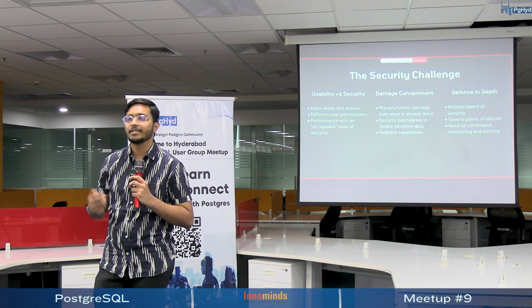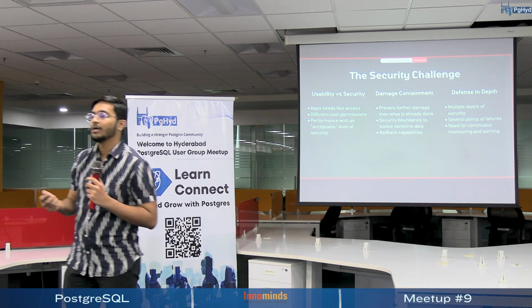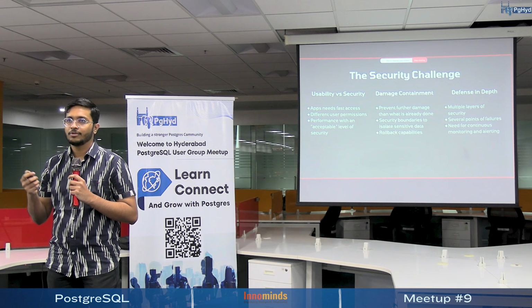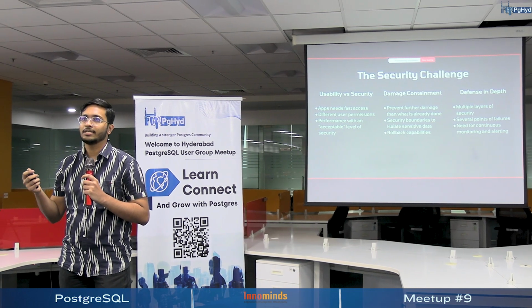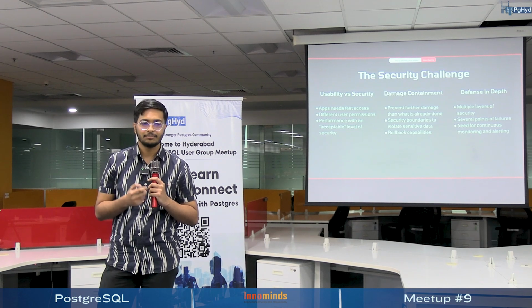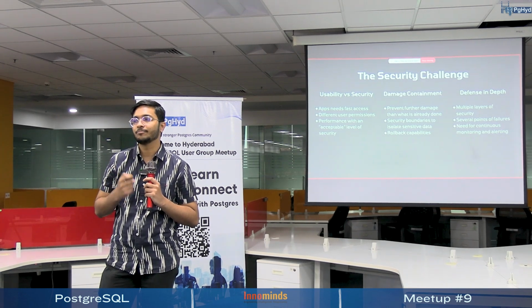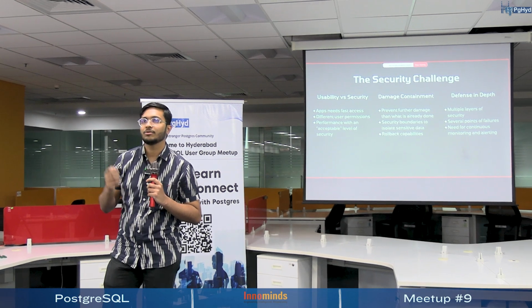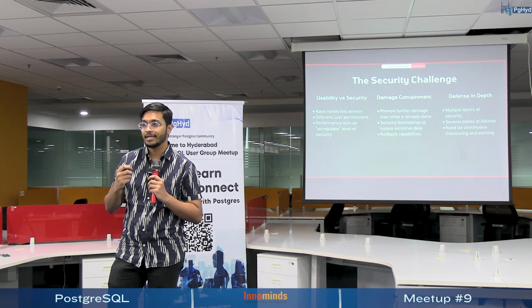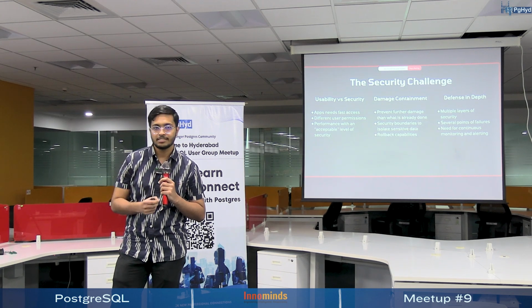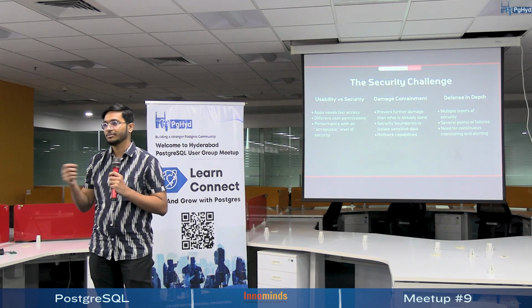Then you have to think about damage containment. This is coming in from one of the first security courses I had in my college. My professor mentioned something around why it is important to prevent further damage. So one of the first lessons for me was, if damage has already occurred, you need to be in a state where you can actually prevent further damage from happening.